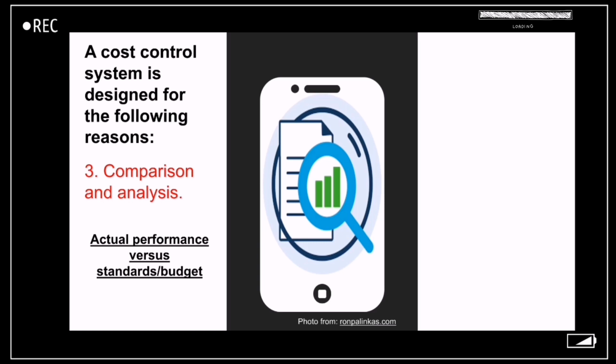So, makokompare natin yung ating sinet na standard. Kaya nga sinabi ko kanina that cost standards are yardstick. So ito yung magiging standard natin versus our actual performance, whether we achieve our goal, or let us simply say, na-meet ba natin yung sinet natin na standard.